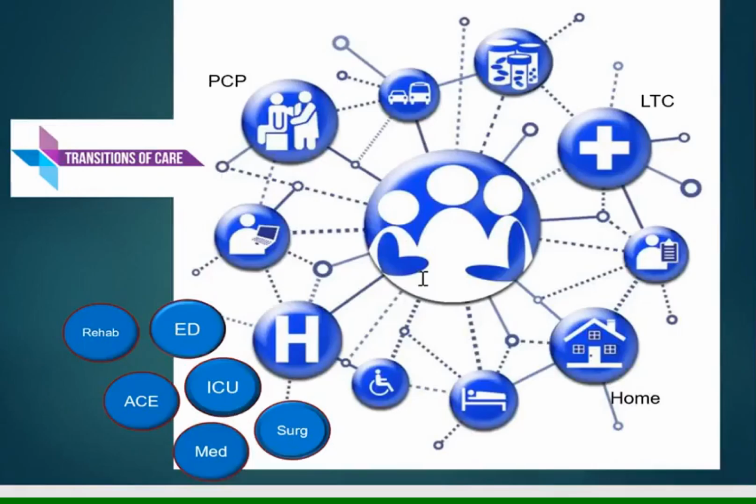So you can see in the lower left-hand corner here the big H, the hospital, and you have the patient and their caregivers all interacting at different points in time with, firstly, perhaps the emergency room here, maybe into the intensive care unit, hopefully not. More likely a med-surg unit, which might include, in some instances, an ACE unit, which is an acute care for elderly unit.